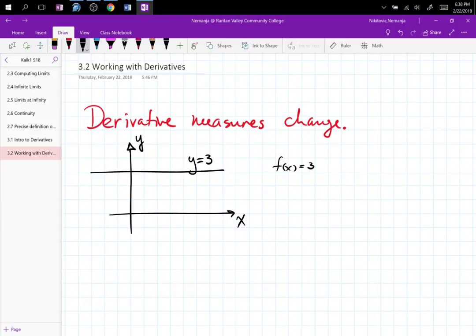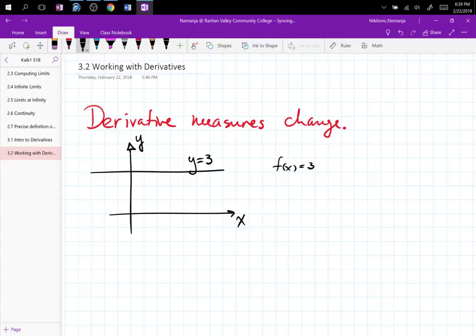Well, the slope is 0, right? Vertical lines have no slope. This one does have a slope, but the slope is 0. We see that on our line, and the derivative is the slope of the line, so sure, it's 0.